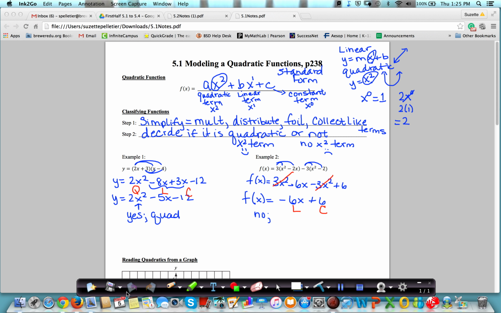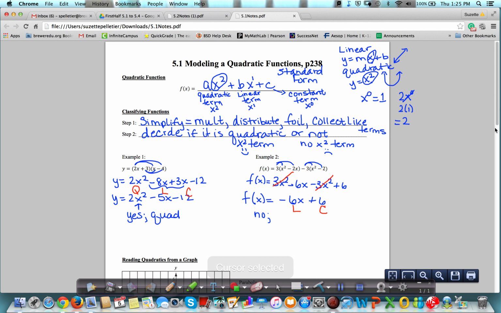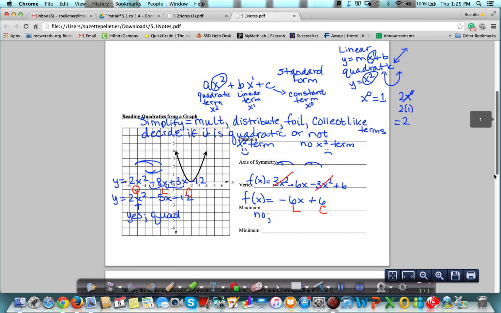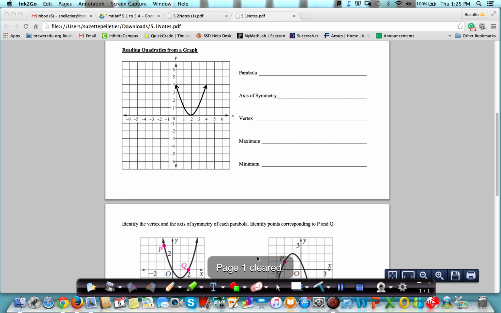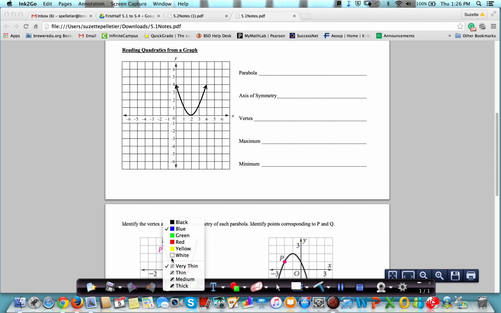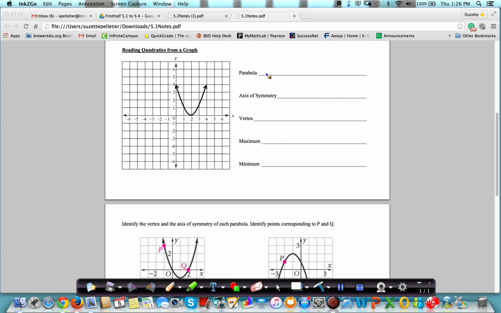Okay, so we're going to scroll the page. So I'm going to just move my page down so we can work on the next section. I'm going to clear it, and we're going to start fresh with reading quadratics from a graph. So parabola. So the first thing we're going to do is just talk about what a parabola is. It is the graph of a quadratic.